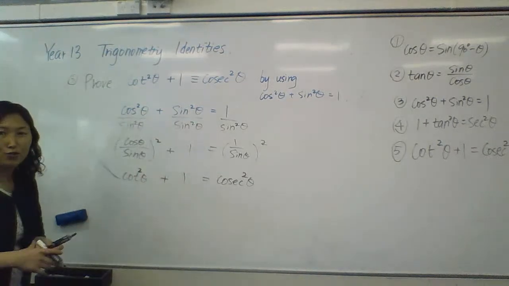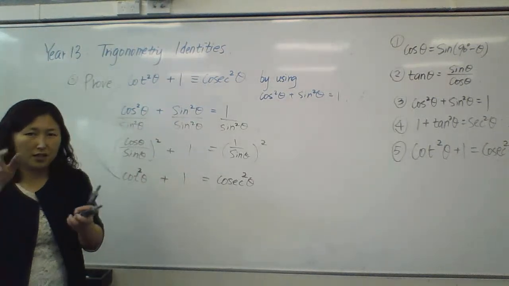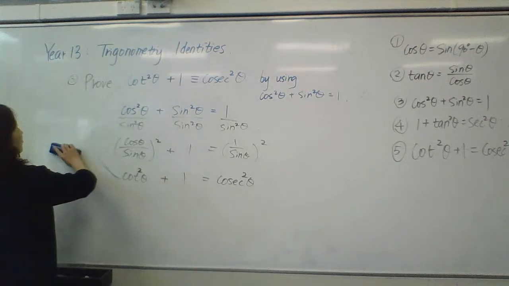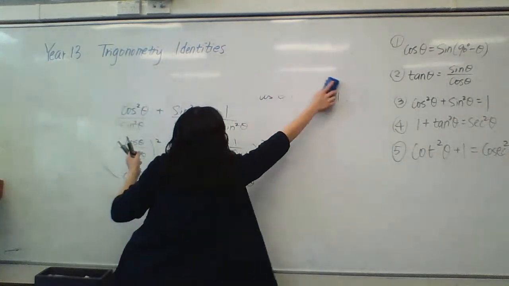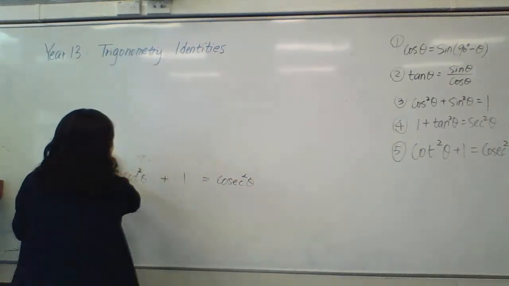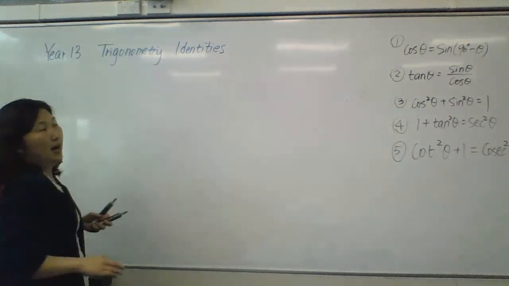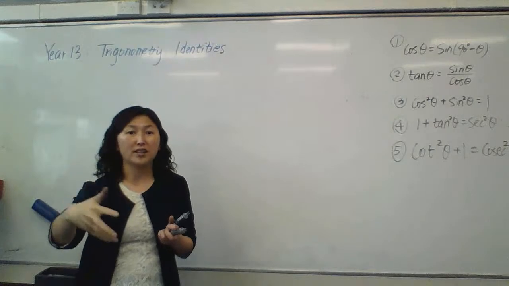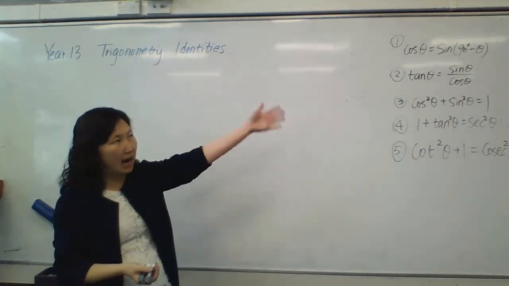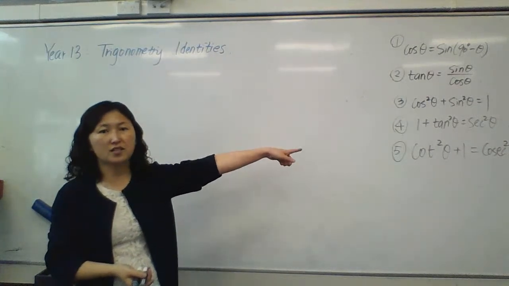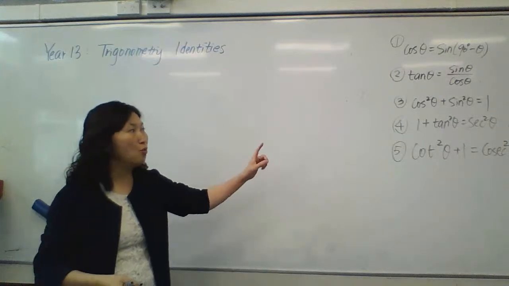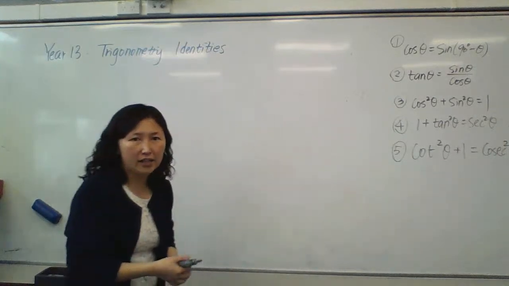Now let's dive into a proper proof question. So far, what I have done is explore all the different ways that we can use to come up with the current trig identities that you will see on your formula sheets, and how we actually got these identities.